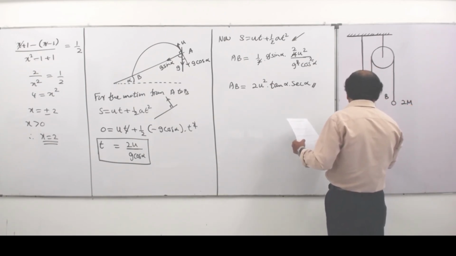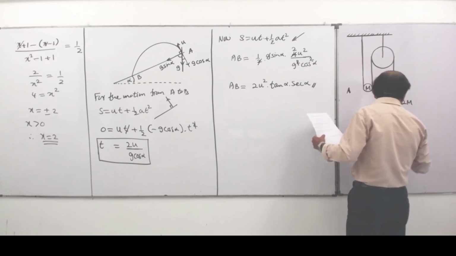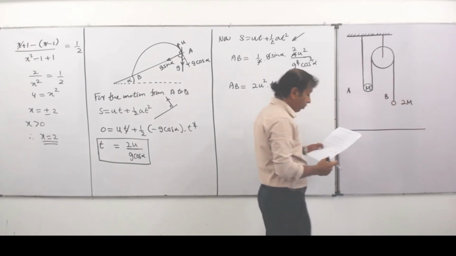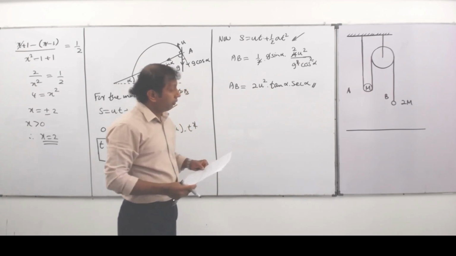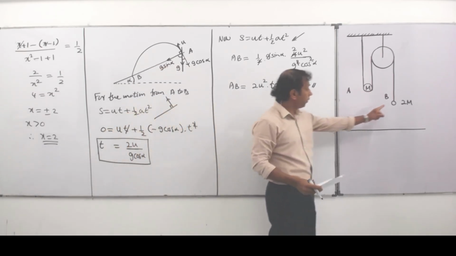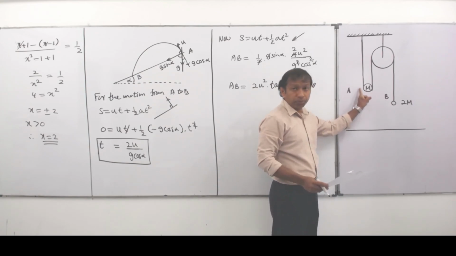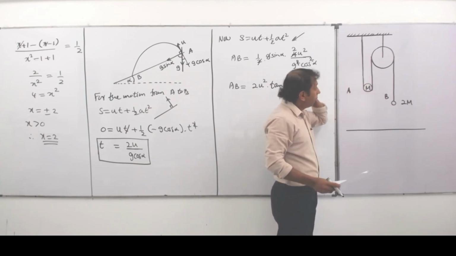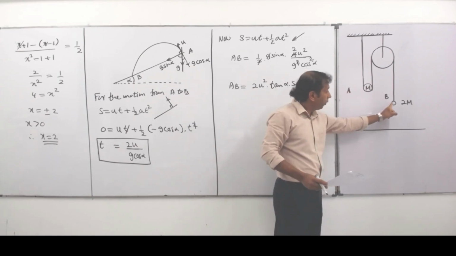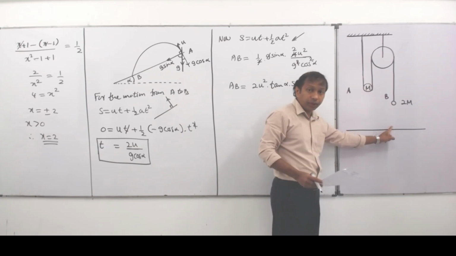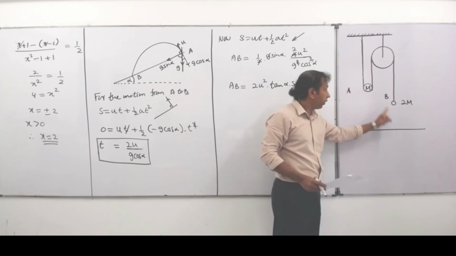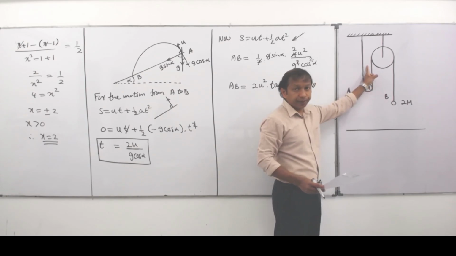Initially, B is at a height of 3 meters above the ground. What happens is that the heavier particle B moves down and this one moves up. Then on one occasion, B moves downward and comes to the ground after traveling a distance of 3 meters down. At that occasion, A is moving upwards.